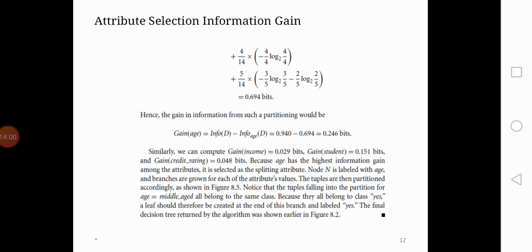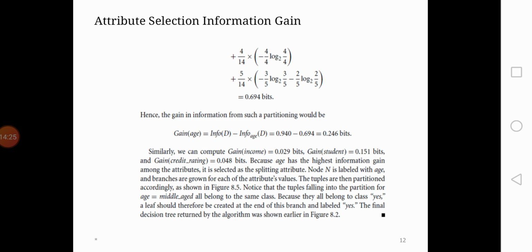This is about only a single attribute, that is age. As I told, information gain concentrates on the attribute with the highest value, and that attribute gets the highest information gain.